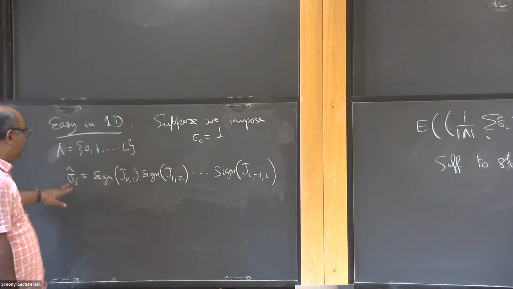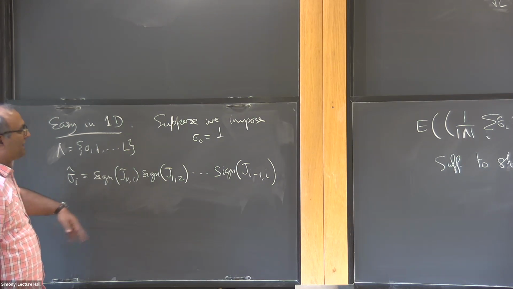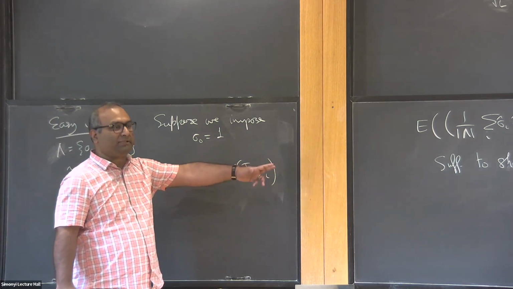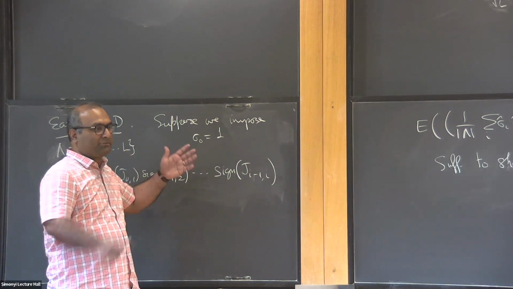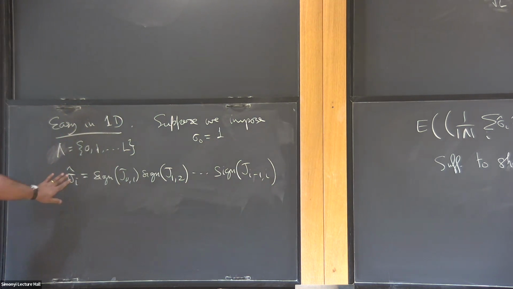It's easy to verify, because if you multiply sigma i hat times sigma i plus 1 hat, you just get the sign of G(i,i+1). If you multiply that by G(i,i+1), you get the absolute value, and that minimizes the energy. So you see why this is chaotic, because a typical spin is like a product of L independent signs.